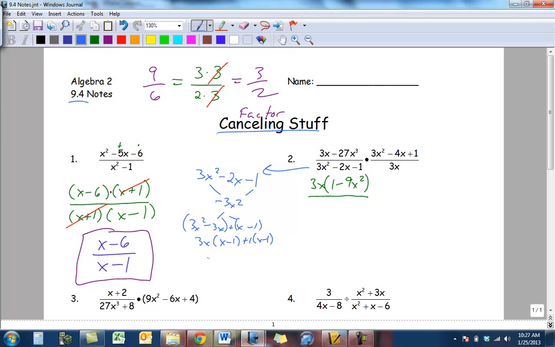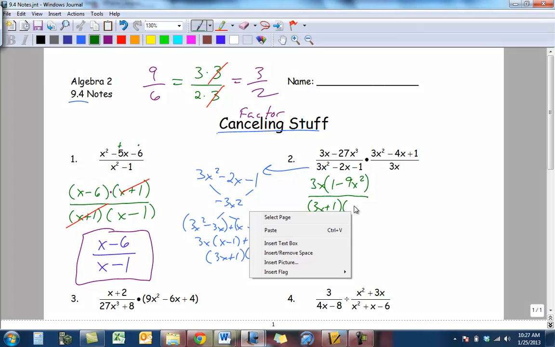Hopefully you came up with 3x plus 1 and x minus 1. So that's the factored form here: 3x plus 1 and x minus 1, times. Now we got to factor this top.